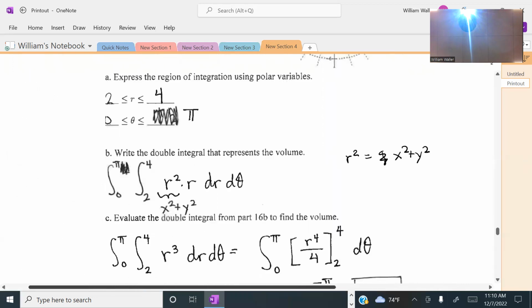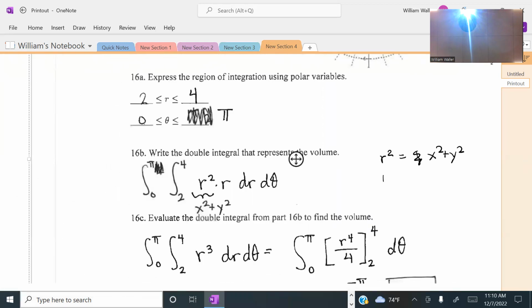Usually you see that written as r is equal to the square root of x squared plus y squared. But of course, if you square both sides, you just get r squared is x squared plus y squared. Oh, so where I had x squared plus y squared, I just put in r squared.